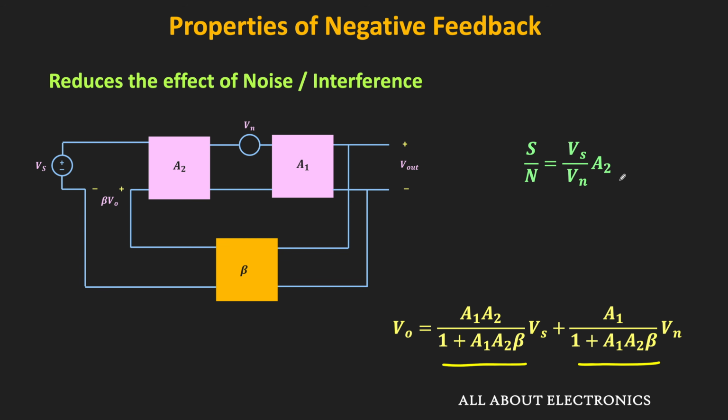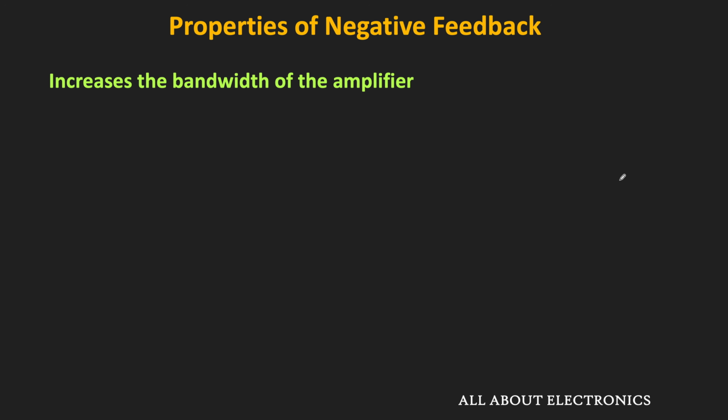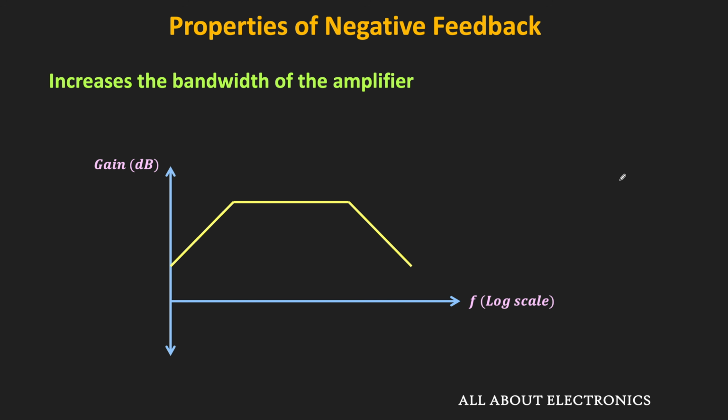Then if we see the next effect, then this negative feedback increases the bandwidth of the amplifier. So let's say we have one amplifier whose midband gain is equal to Am, or in the logarithmic scale that is equal to 20 log Am. So as you can see, this amplifier provides the constant gain in the mid frequencies.